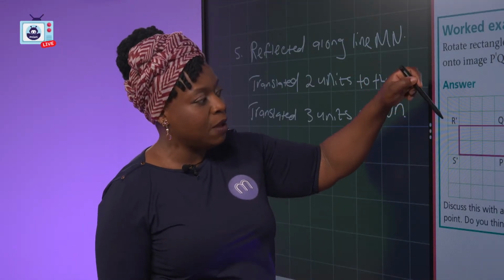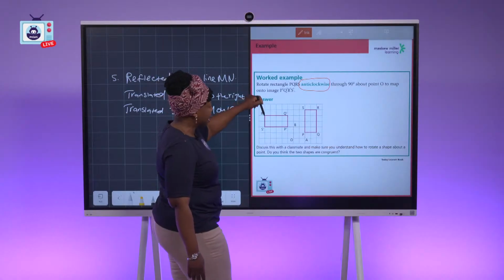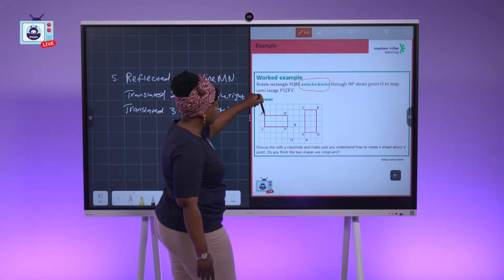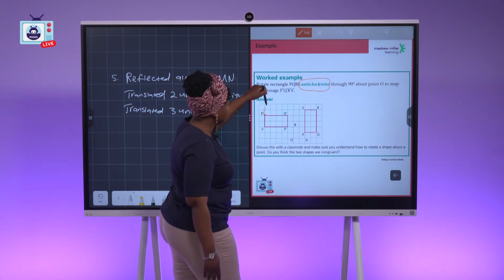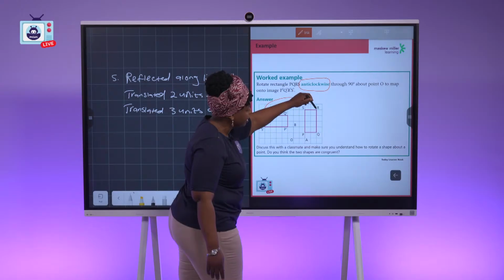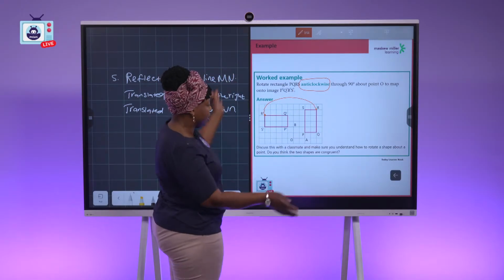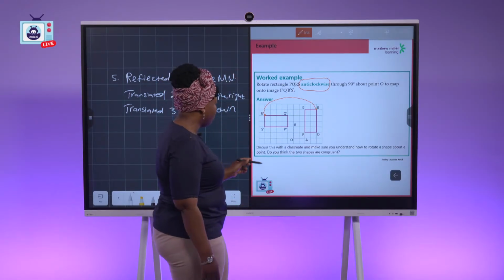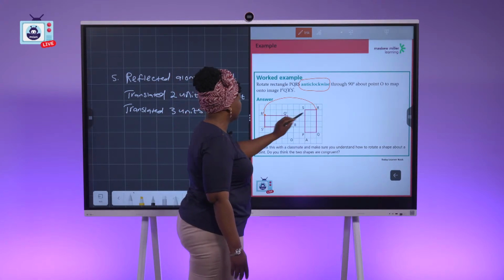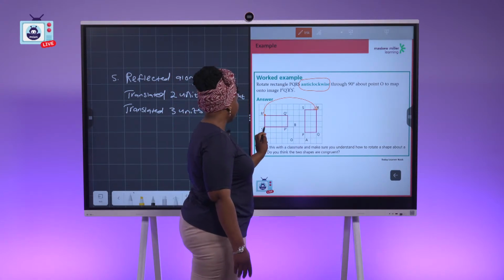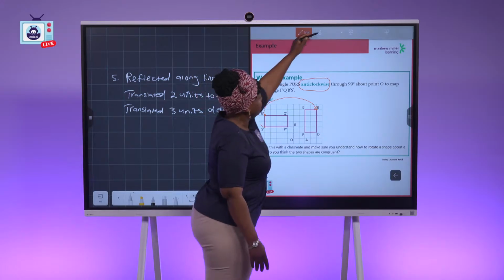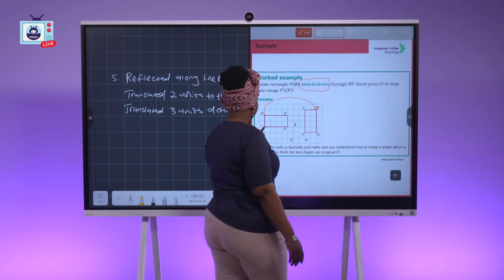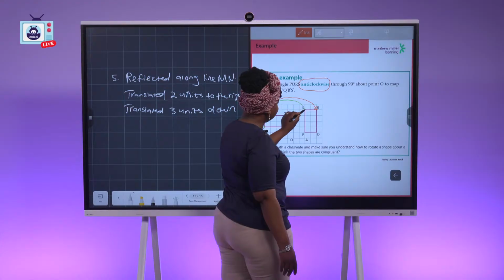And you can see here, our image that was here, which is R there, had rotated 90 degrees anti-clockwise until it ended up sitting like that. So that is what a rotation is all about. All these points, if you look at them, have rotated or turned around 90 degrees like that until they reached there.